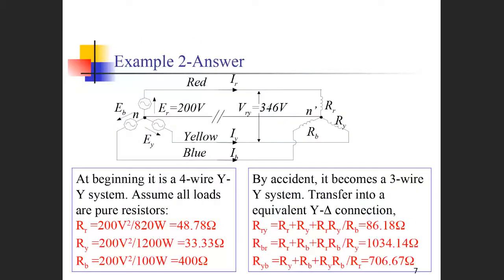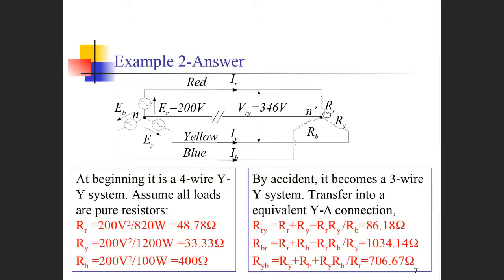Now, using the diagram, we show you a 3-phase system. It has a line voltage of 346 volts, and a phase voltage of 200 volts at the source side. Looking at the user side, we have 3 resistors.